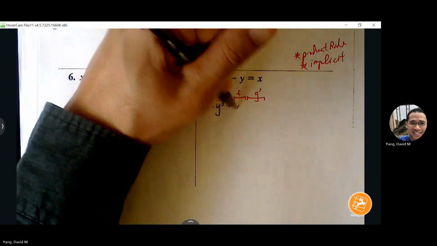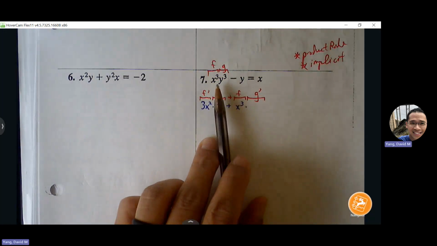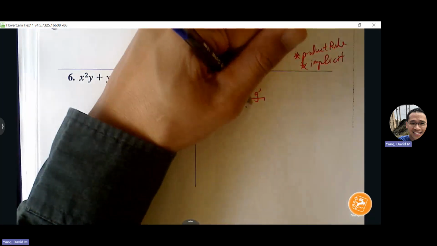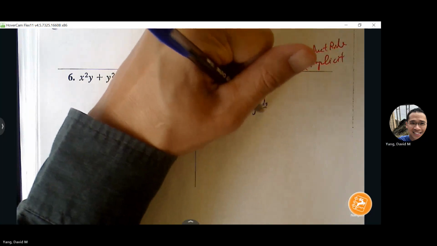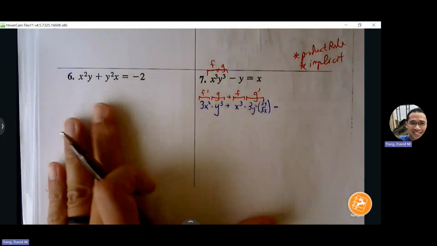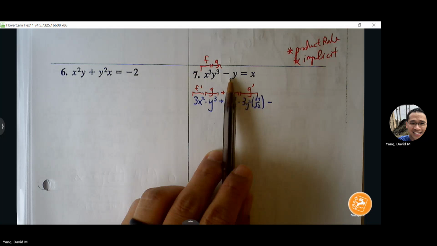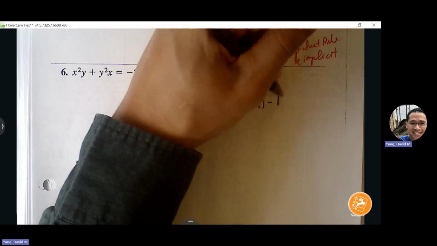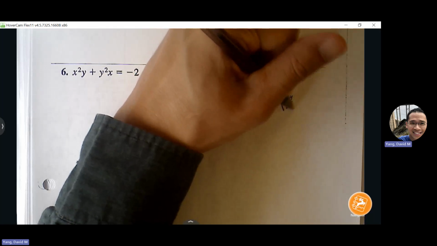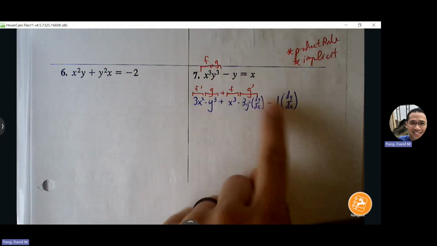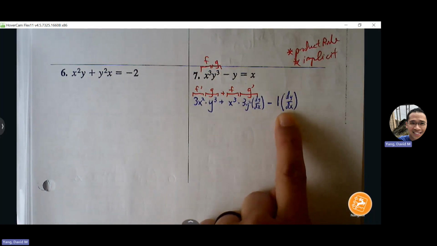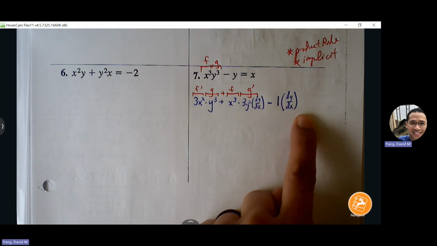Back to f. Okay, g prime. Good, 3y squared dy dx. Okay, we're not done with the rest of the problem yet, right? We just took care of that x cubed, y cubed. Okay, what does y become? dy dx. Now, something that I think will be helpful is if you put a 1 here. I want to show you why that is helpful in a second. It's the same thing, the derivative of y is 1 dy dx, but it's for the algebra step later that I think you'll find helpful. Everybody good so far? Right, equals.